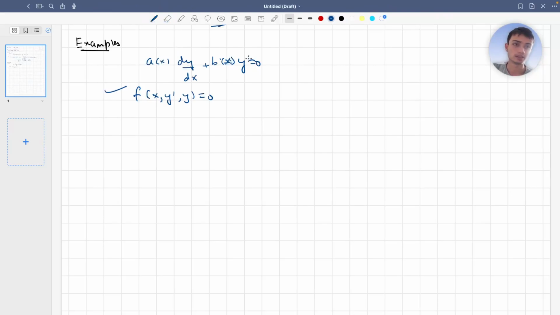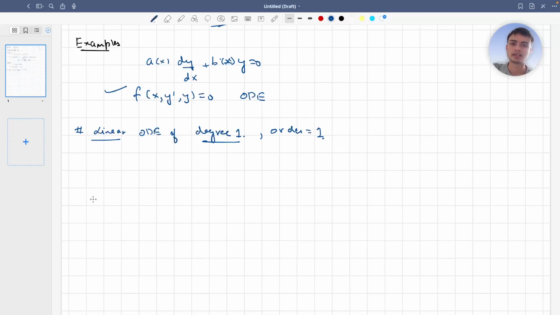So it's an ODE, and to be more precise, it's a linear ODE of degree 1.